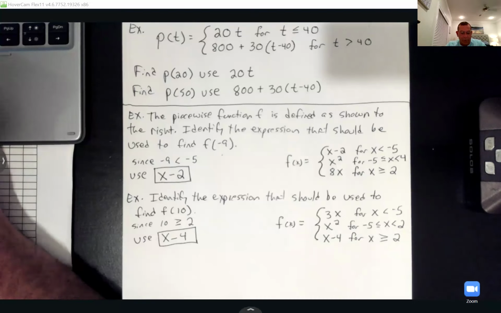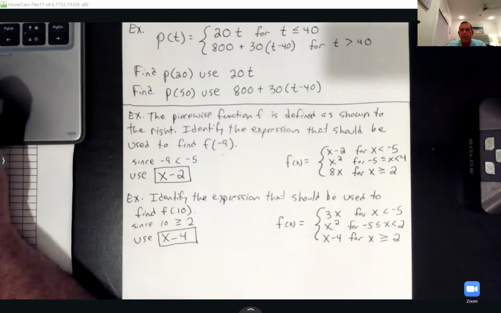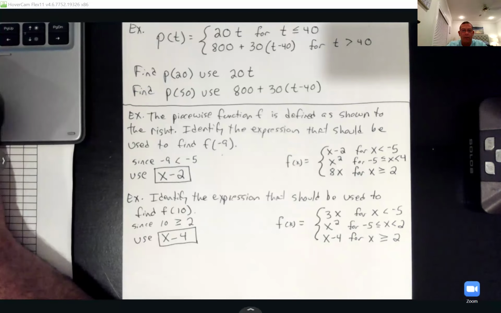All righty, almost there. I need to go to numbers.